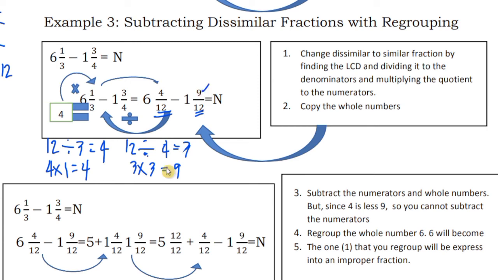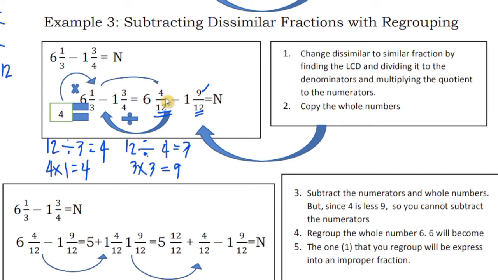So what do you observe here is, as we go through with the analysis of this kind of situation, we now have 4 here and the 9 here. In the basic fundamental operation, when we have subtraction, it is the bigger value minus the smaller value.